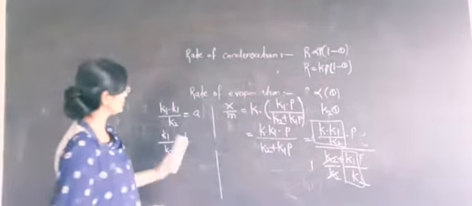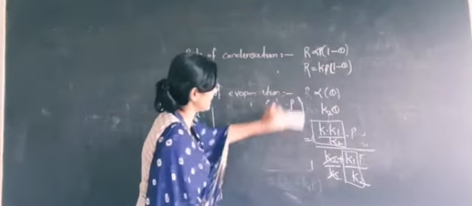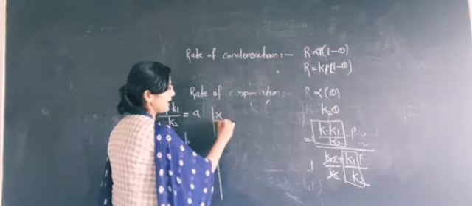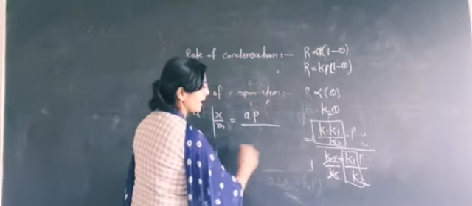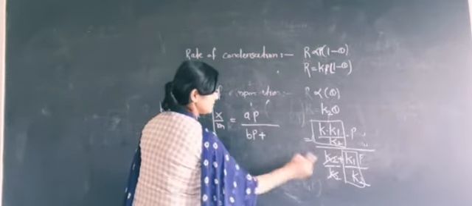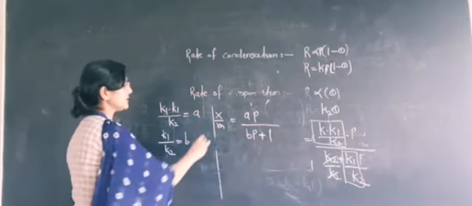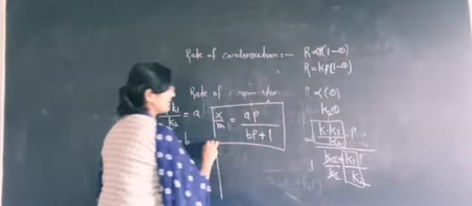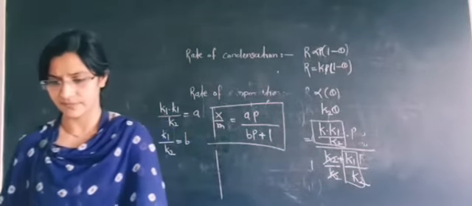I substitute this A and B into the equation, and I get x by m is equal to A into P upon (1 plus BP). This is the final equation of the Langmuir adsorption isotherm.